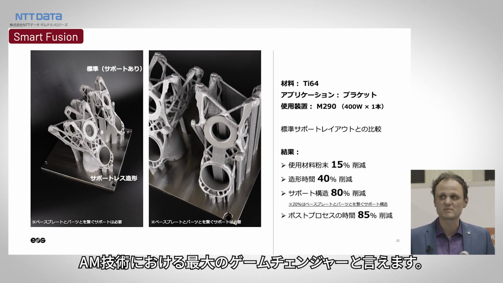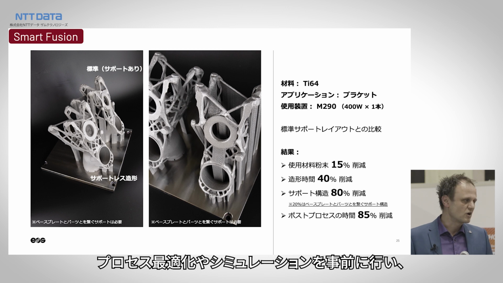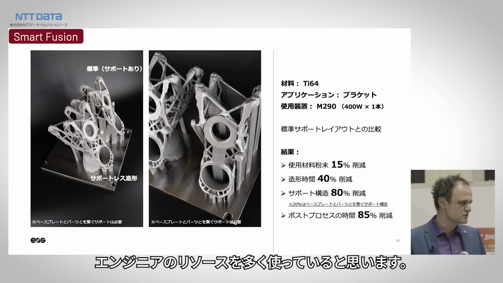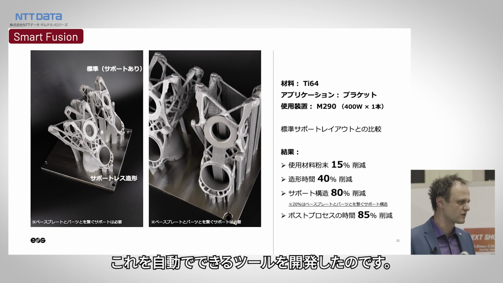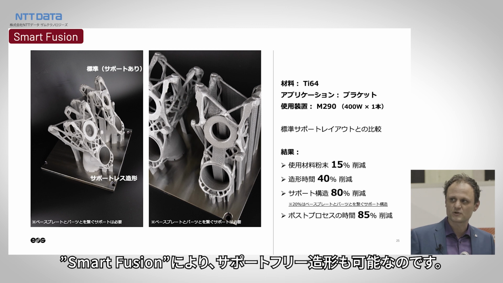it makes really impossible prints possible. And it's all about smarter fusion, avoiding support structures. Some people do that through process optimization, process simulation upfront. They put a lot of application engineers, resources into optimizing for a specific problem. Here we have a tool developed that does that all automatically.